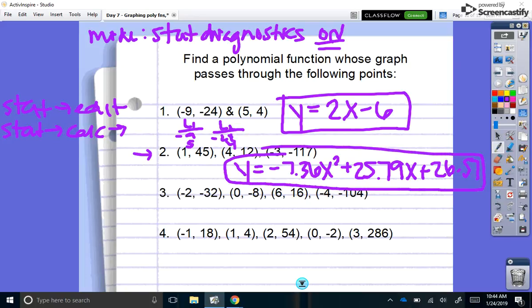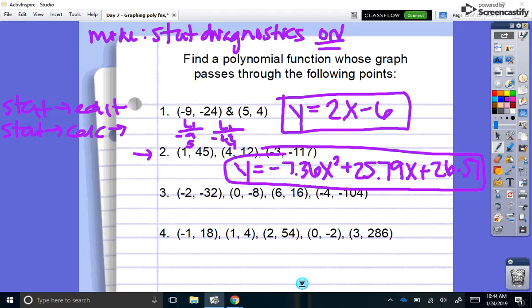All right, let's move on to number 3. So the steps are stat, edit. Now in list 1, I'm going to put -2, 0, 6, and -4. In list 2, I'm going to put -32, -8, 16, and -104. So let's do stat, calculate. When you try linear regression, your r squared value is 0.73.